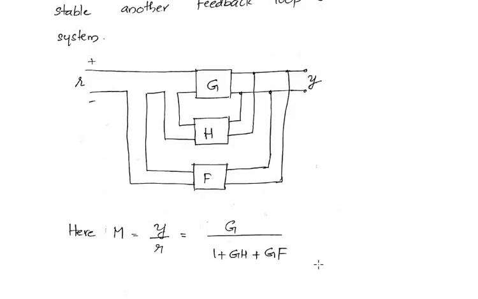Okay, so this is how we can make a system stable in a simple sense. So that is the effect of feedback on stability. So we can make a system stable by introducing another feedback loop.